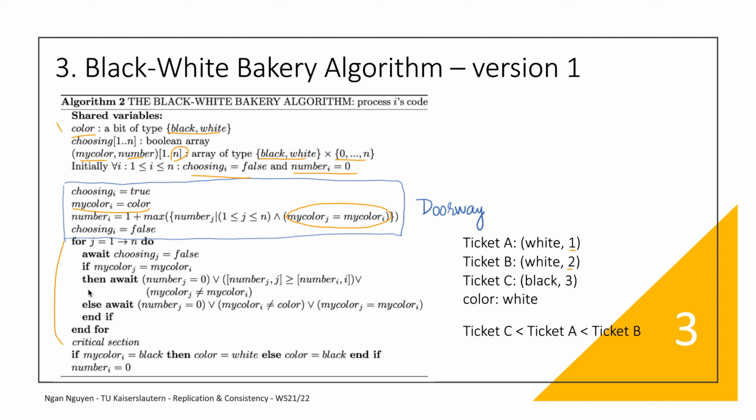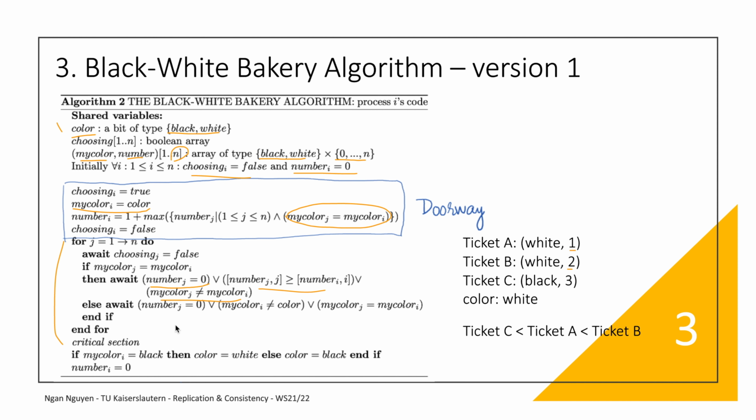In the waiting part, process i first waits for choosing[j] to equal false. It means j either doesn't contend for the critical section or has already gone through the doorway and is currently looping in the waiting part. Then it checks if they have the same color. Then process i will wait until process j doesn't contend for the critical section anymore, or ticket i has a smaller number than ticket j, so i has higher priority, or process j re-enters the doorway.